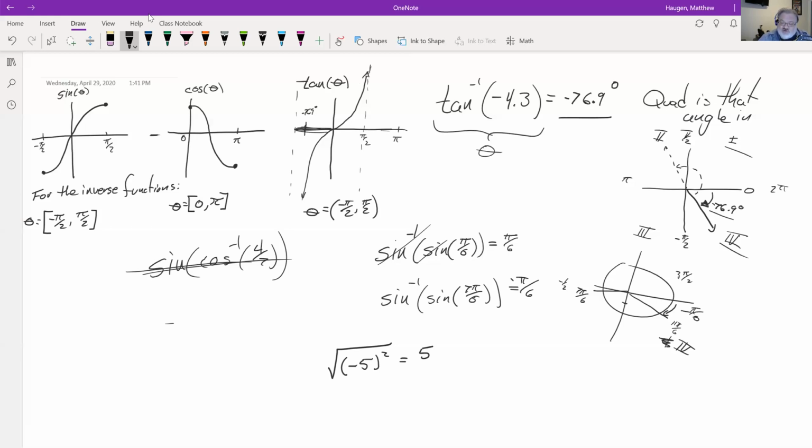It's the value that gives you the same answer as -5 squared, still gives you 25, but within the restriction that the inverse knows about. Fair? Takes a little bit of wrapping your head around. So we'll play with a bunch of these tomorrow.